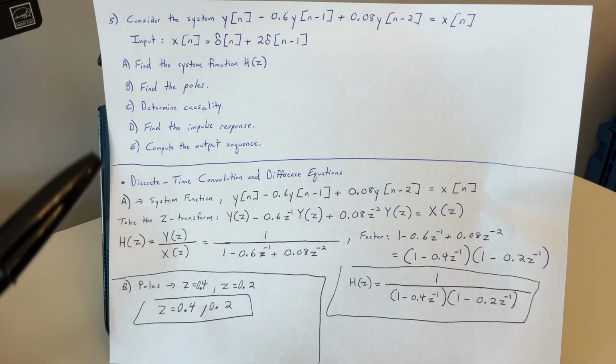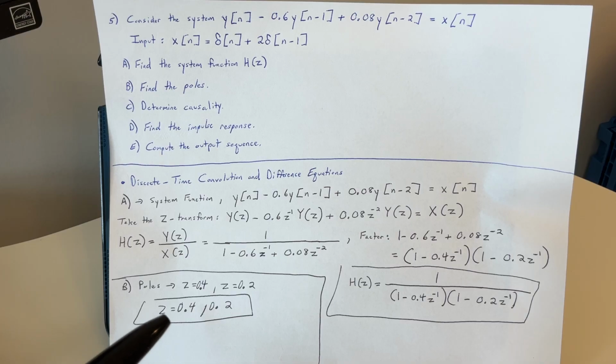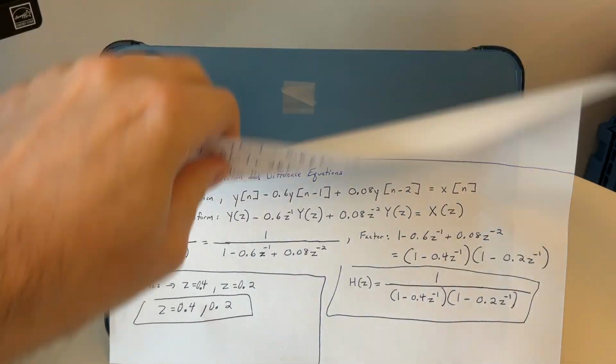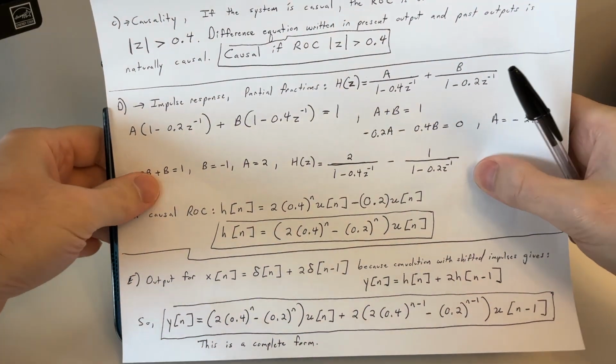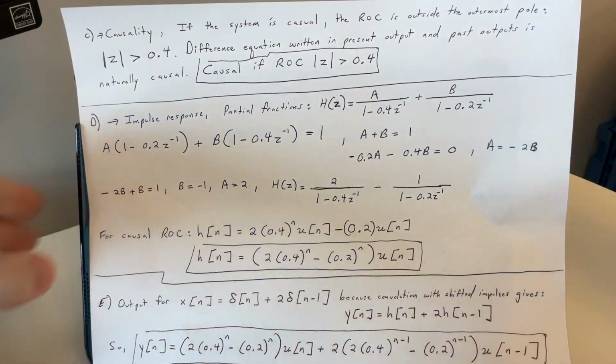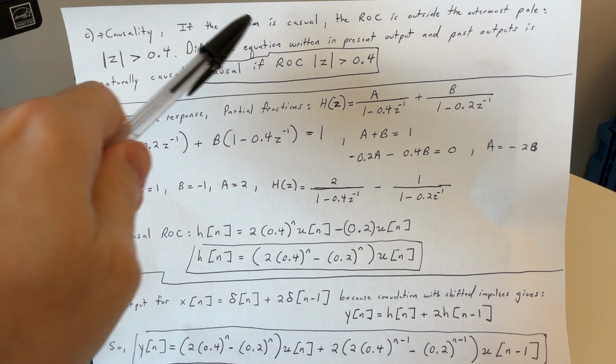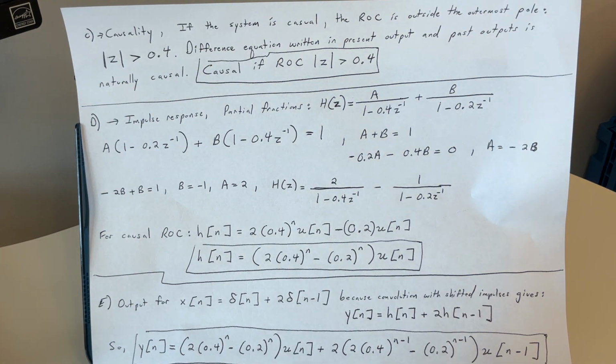Part B, find the poles. Poles are going to be at z equals 0.4 and 0.2. For part C, they want us to determine the causality. If the system is causal, and I spelled that wrong, sorry about that misspelling, the ROC is outside the outermost pole.